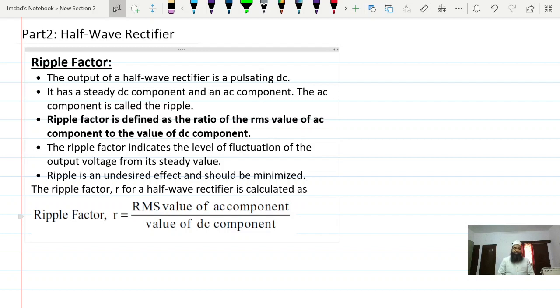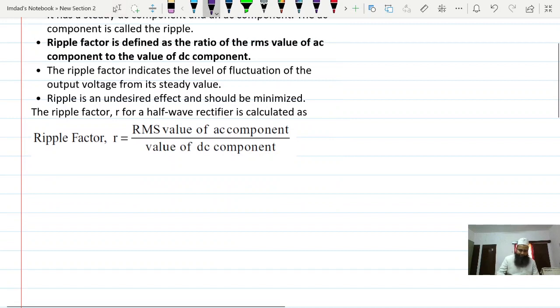The ripple factor can be calculated as R, the RMS value of AC component upon RMS value of DC component. It can be written as R equal to I AC upon I DC.